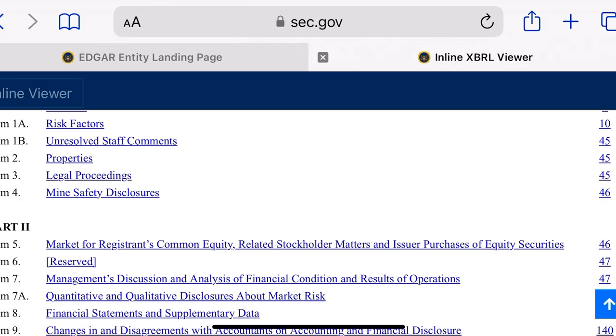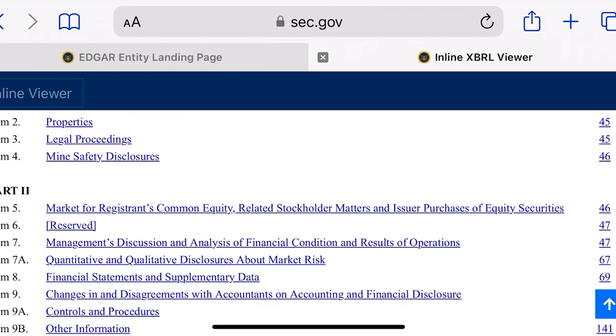Unresolved staff comments are the kinds of things that employees or higher ups have noted and brought to mind and haven't obviously been resolved yet. Properties will detail out the actual properties that the company owns. I think that's an important section because, especially when you're looking at land, land doesn't depreciate, but it's also listed on the books at the price it was bought at.